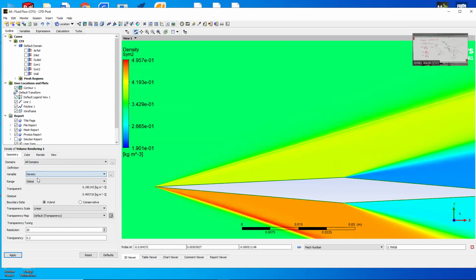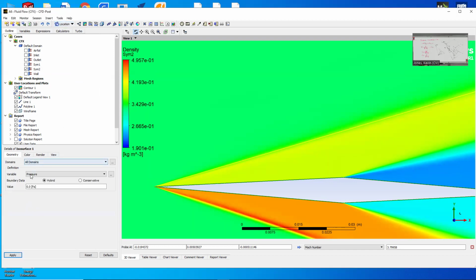You want density. Density. We'll do, let's see, it was 0.4, about like 0.38.